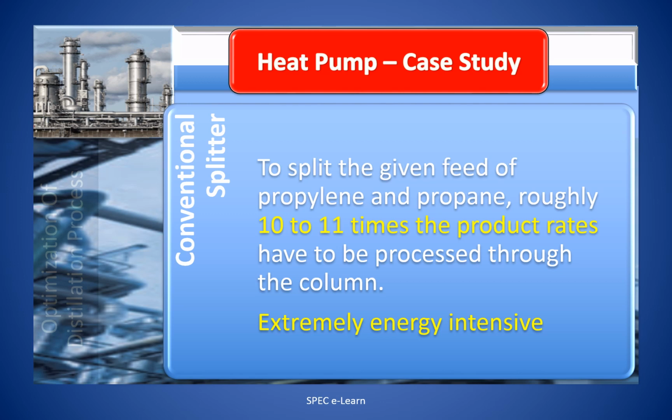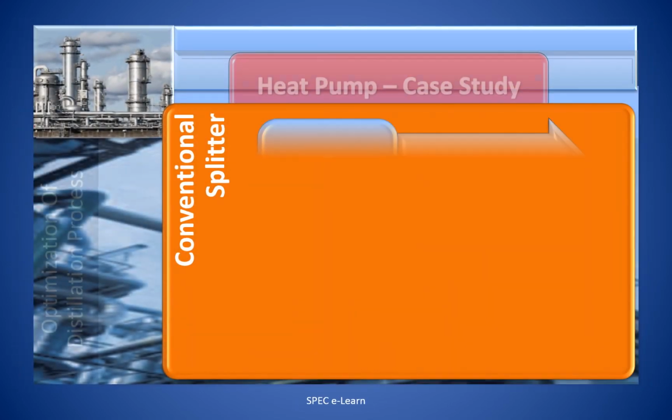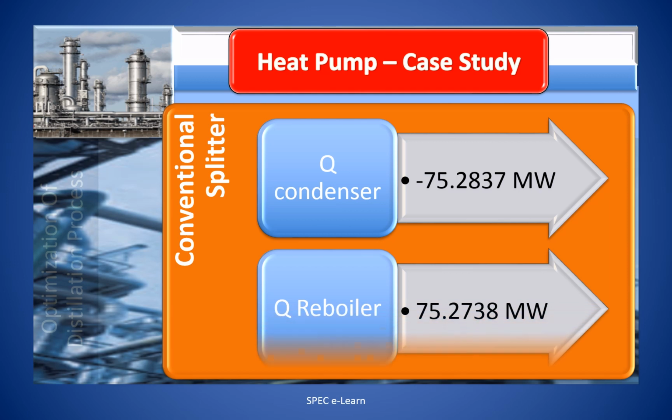Hence, to split the given feed of propylene and propane, roughly 10 to 11 times the product rates have to be processed through the column. Extremely energy intensive. The heat duty of the reboiler is 75.27 megawatt and the heat duty of the condenser is 70.28 megawatt.